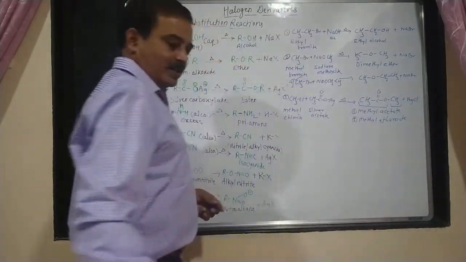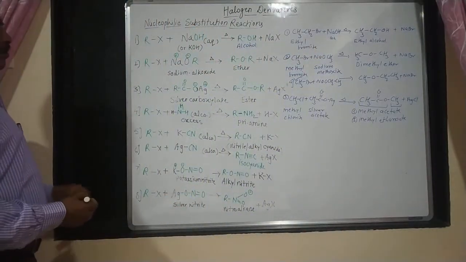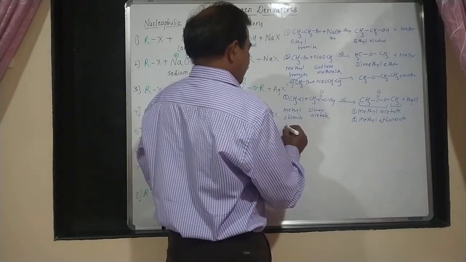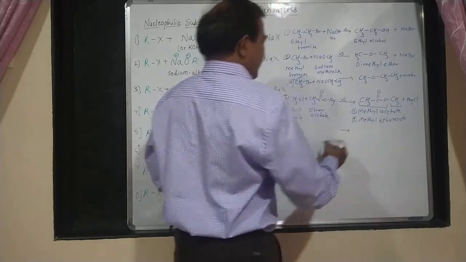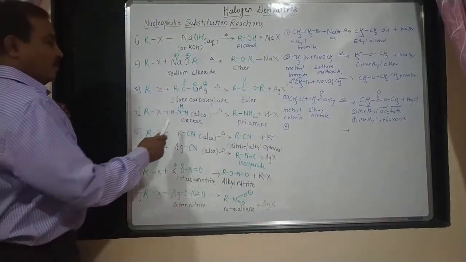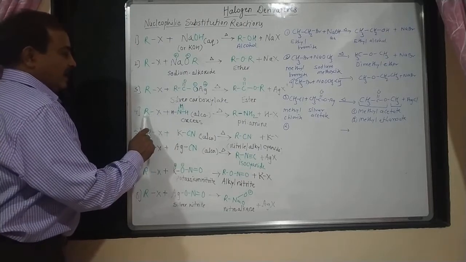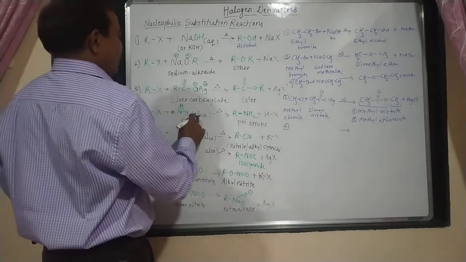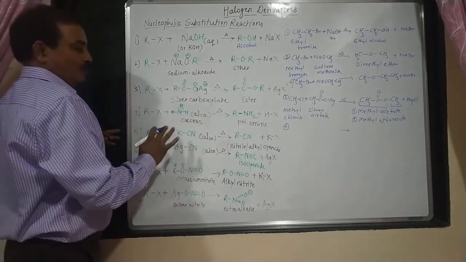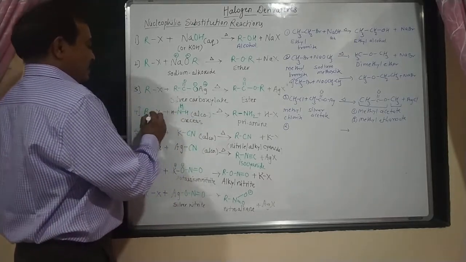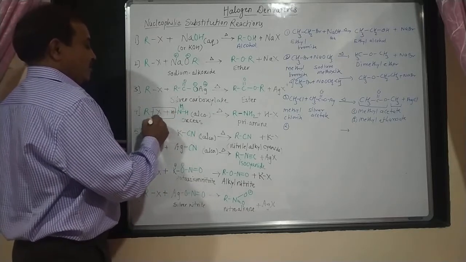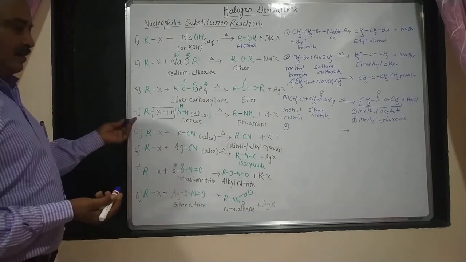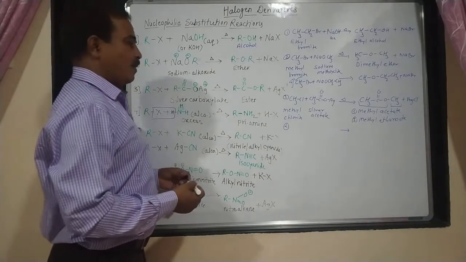Now we will move towards the fourth reaction, the preparation of primary amines. What is the proper reagent for the preparation of a primary amine? RX plus alcoholic ammonia, NH3, is taken. The substitution of X by NH2 is called amination. This is a method of preparation of a primary amine.